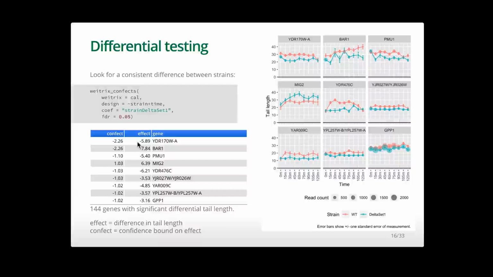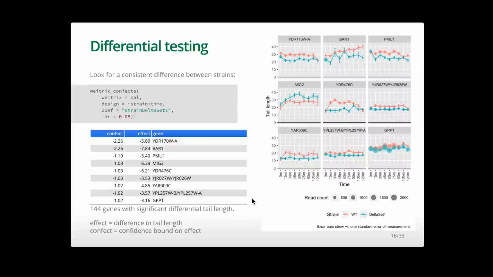This is a difference of tail lengths, the unit is number of A's, and then there's what I call a confect value. That's a confidence bound on that. That turns up some interesting looking genes. One nice thing, if we've got calibrated weights, we can draw in some error bars on the accuracy of the measurement. This is plus or minus 1 standard deviation.